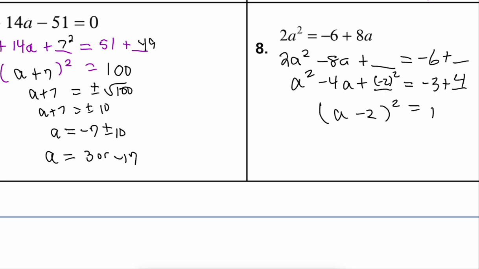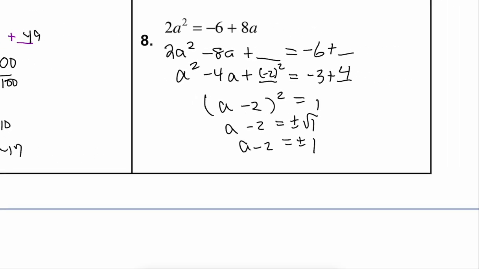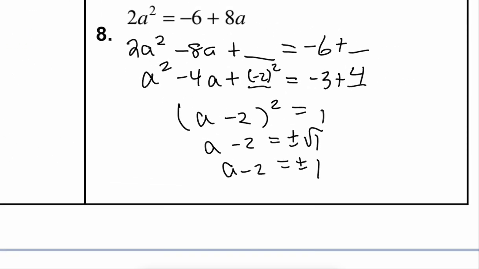This is also a factorable quantity. We can take the square root of 1. The square root of 1 is just 1. So we get a minus 2 is equal to plus or minus 1. Now, a minus 2 plus 1 and a minus 2 minus 1, we can solve for a if we just add that 2 and put it in front of the plus or minus symbol.